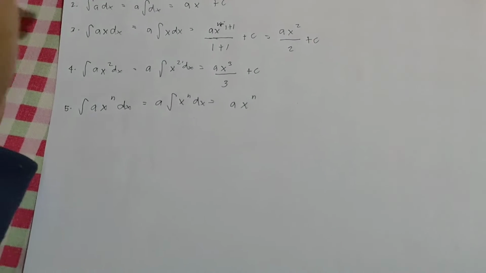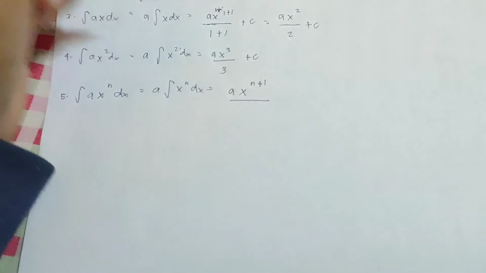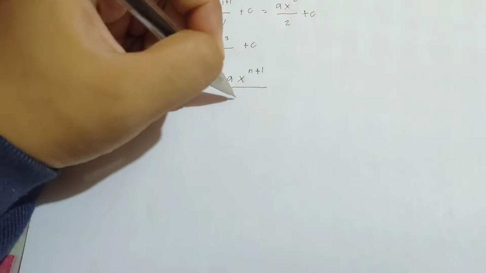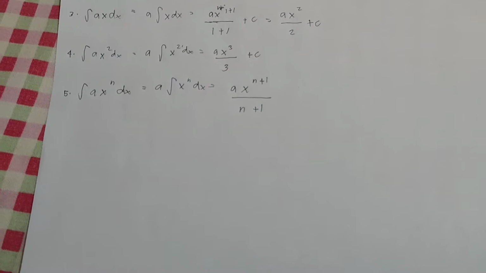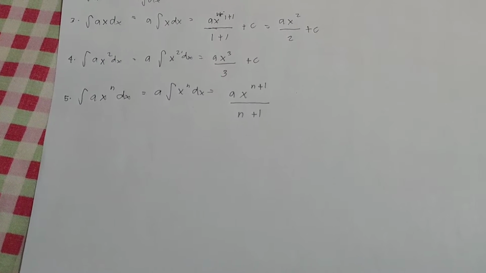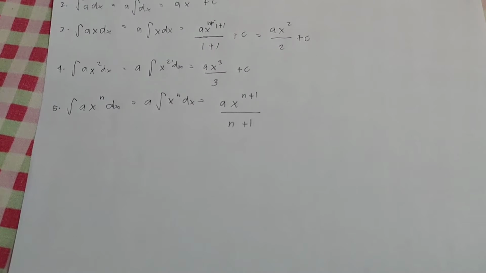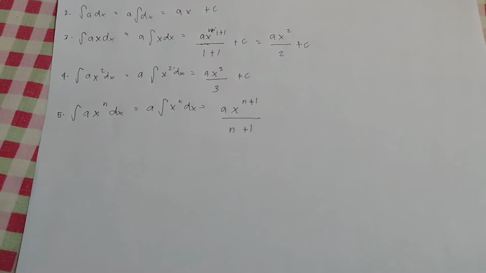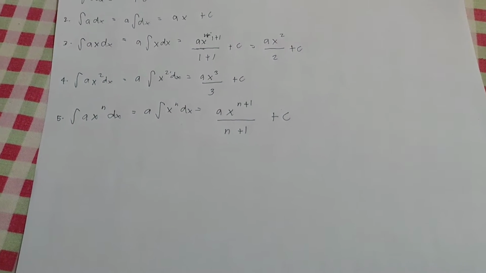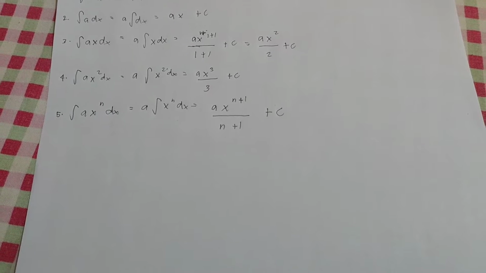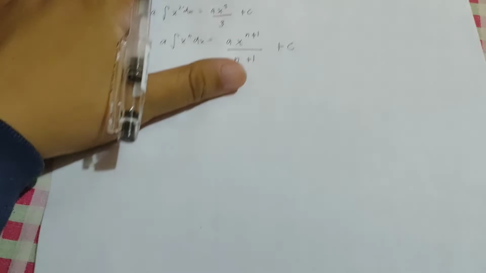It should always be plus 1, n plus 1, all over n plus 1. That's our formula in power if our variable has an exponent. And do not forget the letter c. That's it. So, we will proceed to our sample problems.